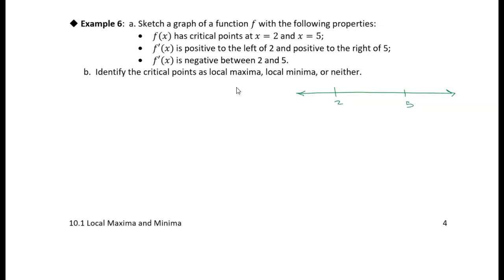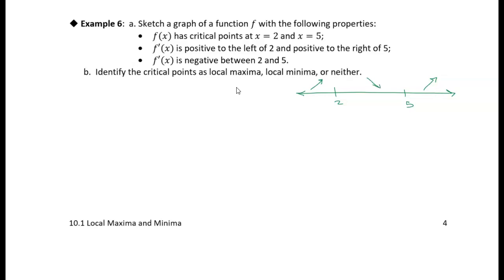We're told that the first derivative is positive to the left of 2, so that's telling me it's increasing. I'm going to indicate it that way. It's also positive to the right of 5, so we have an increasing function there. The first derivative is negative between 2 and 5, so I'm going to show it as decreasing between those two values.